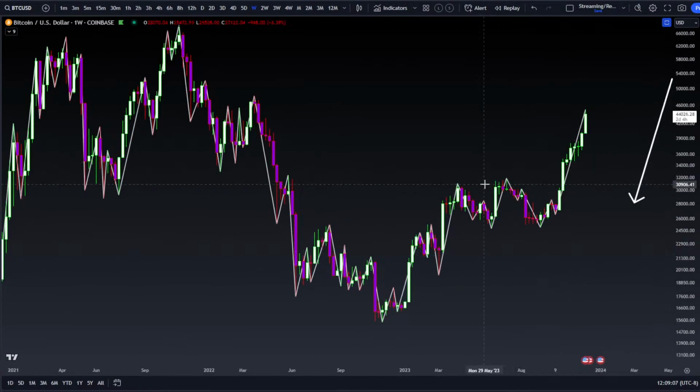But I don't think, if this is going to do what I think it's going to do over the next couple of quarters, which is take out the all-time high, and I'm talking quarters, there's still an opportunity. There's always an opportunity for it to happen this quarter, but not the first thing I'm looking for.